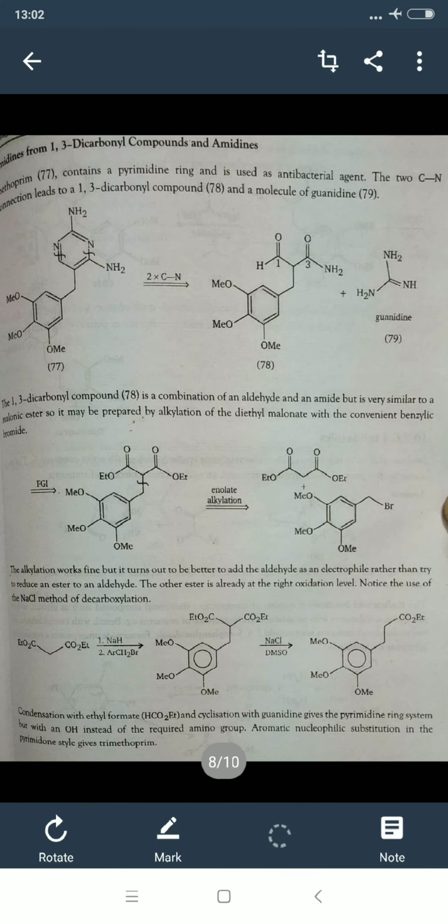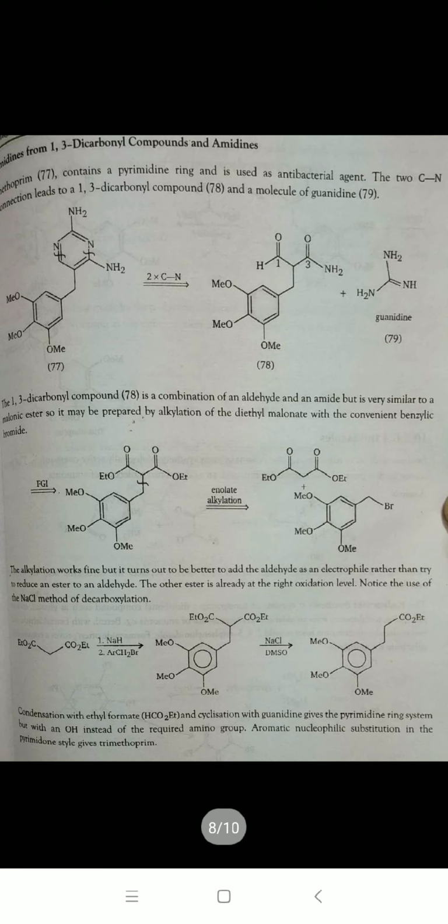The 1,3-dicarbonyl compound 78 is a combination of an aldehyde and an amide, but is very similar to a malonic ester, so it may be prepared by alkylation of diethyl malonate with the convenient benzylic bromide.